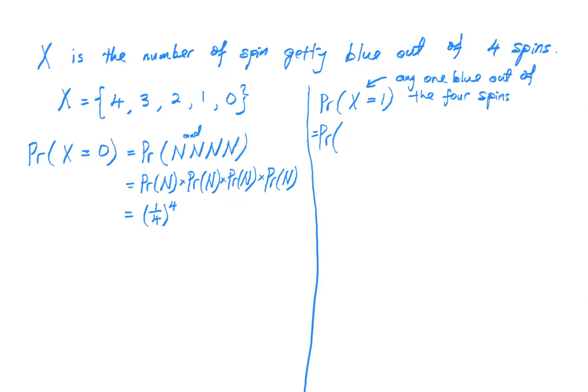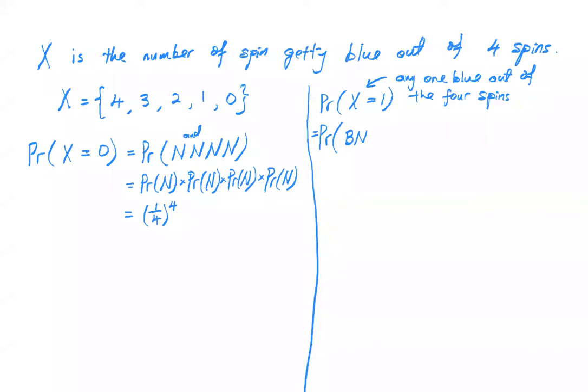Okay, got it? So which means that the outcome will be like that. First one is blue, second one no, third one no, fourth one no. This can be one of the outcomes.